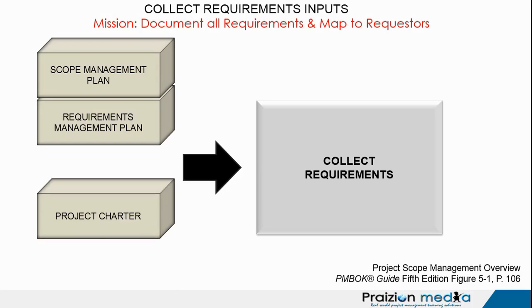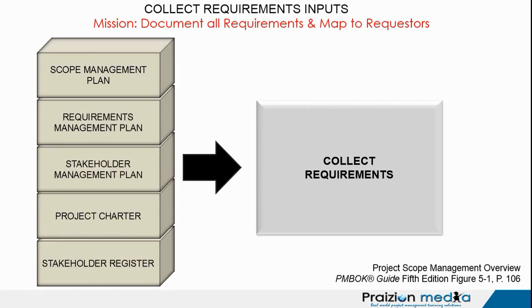eliciting these requirements. Now, other inputs to this process are the stakeholder management plan. This is a plan for how stakeholders will be engaged. Don't forget, this is a key way to engage your stakeholders, by collecting requirements in a structured, orderly, and tailored fashion. We also have the project charter as an input. Remember, this has high-level requirements in it.